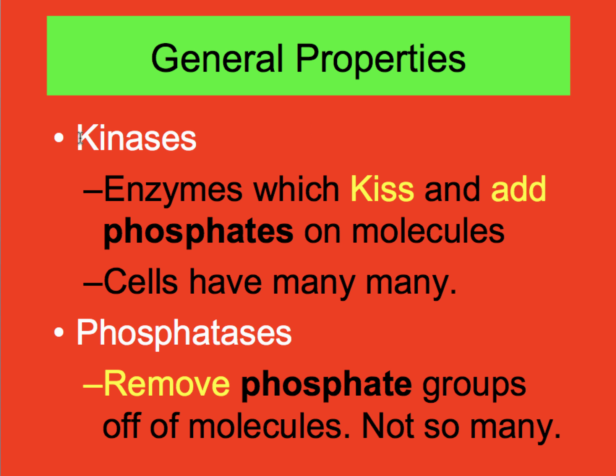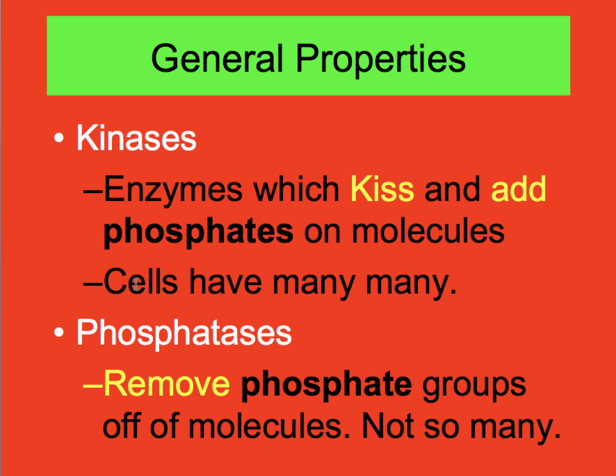Proteins which acquire phosphate groups from the environment do so in the presence of other proteins called kinases. So a kinase is an enzyme which transfers a phosphate from another molecule such as ATP onto the surface of a target protein. And in this analogy here, we could say that those enzymes, the kinases, kiss and add phosphates to target molecules.